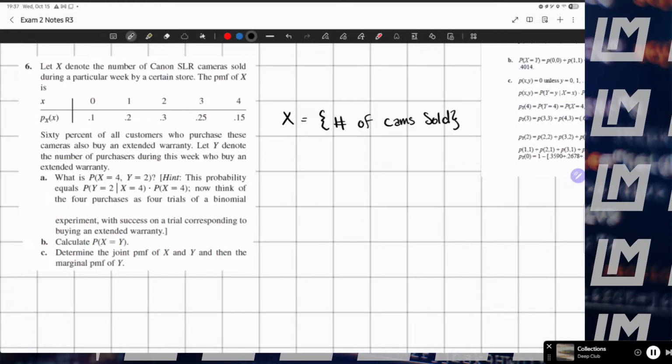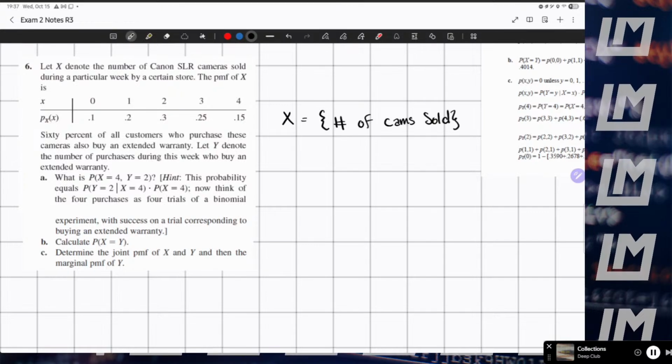Customers who purchase these cameras also buy an extended warranty.